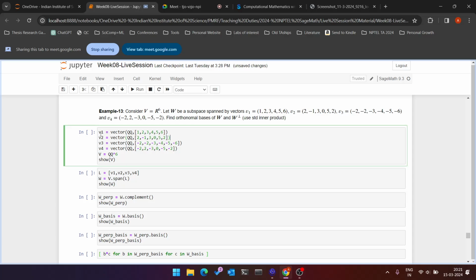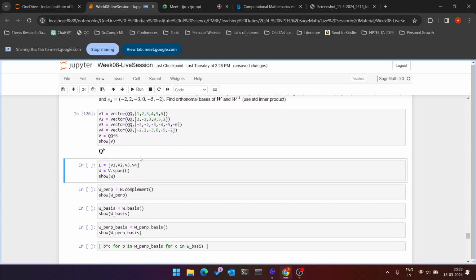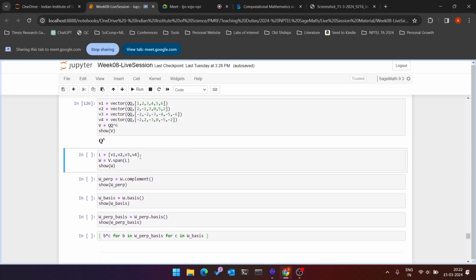Okay, we begin by defining vectors v1, v2, v3, v4 over the field QQ as specified in the example. And we also define capital V as QQ raised to 6. Next, we define a set L made of v1, v2, v3, v4.